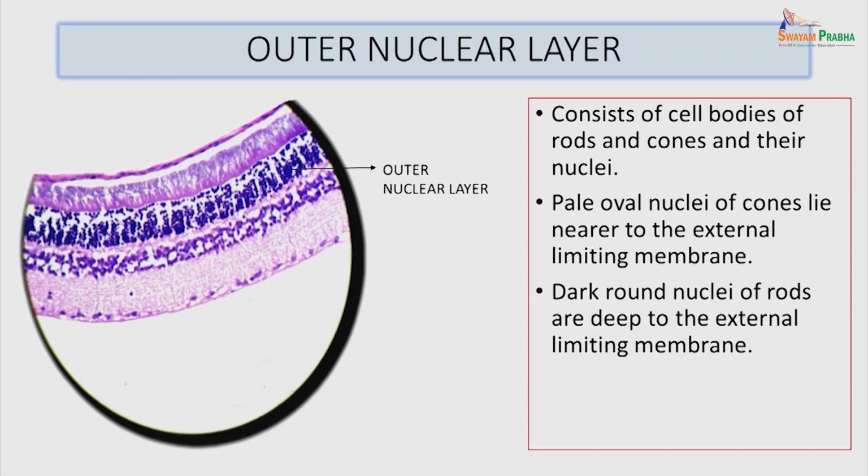In the microscopic examination, this layer will appear like this. This is the outer nuclear layer. Pale oval nuclei of cones lie nearer to the external limiting membrane, while the dark round nuclei of rods are deep to the external limiting membrane.